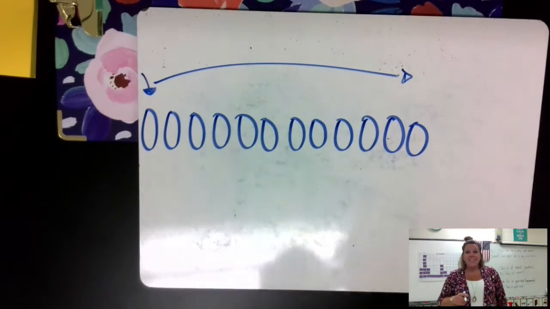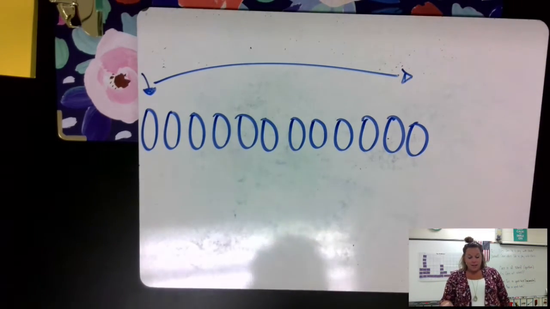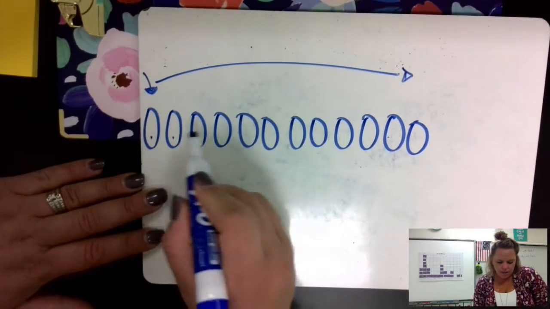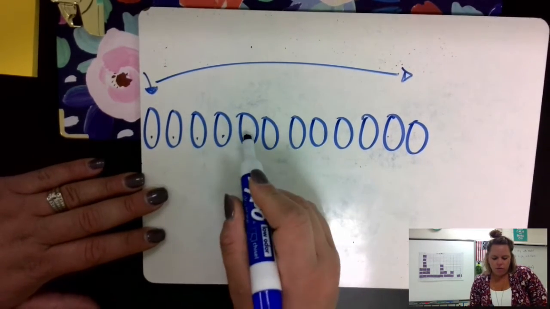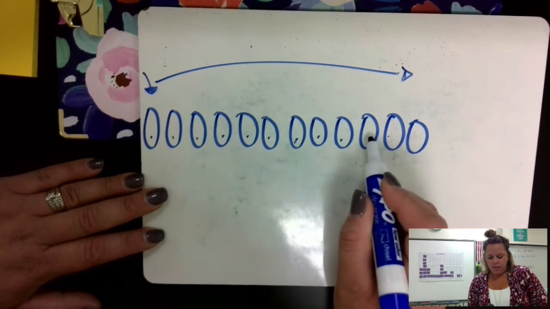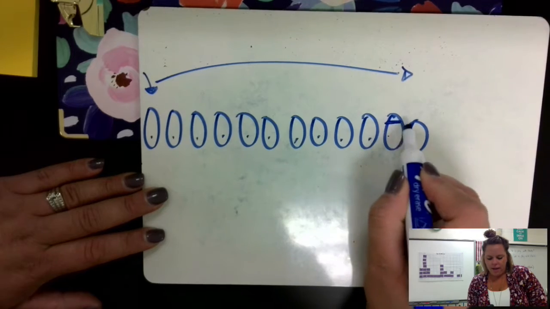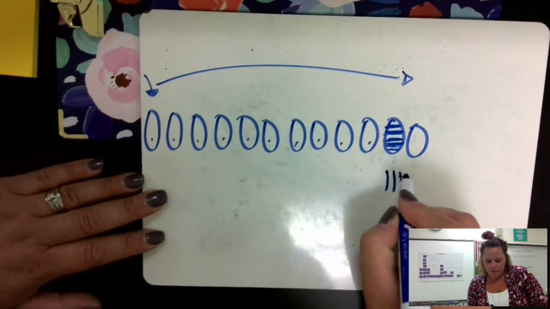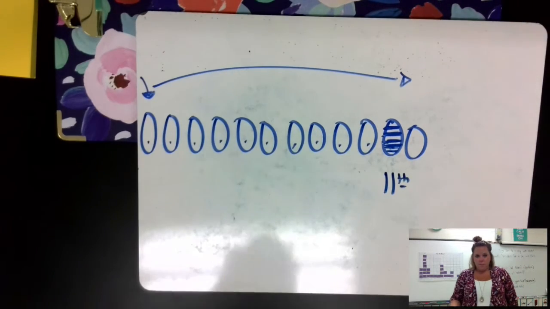Which ball is in the 11th spot? Did you hear 11 in 11th? First, second, third, fourth, fifth, sixth, 7th, 8th, 9th, 10th, 11th. This one here is in the 11th spot in line.